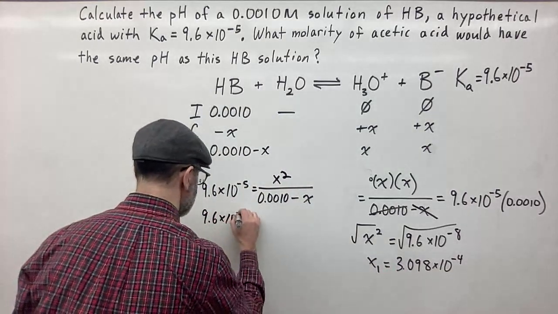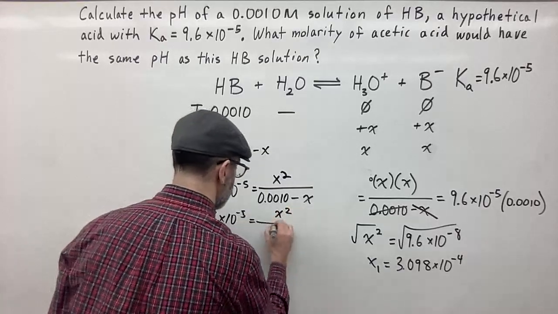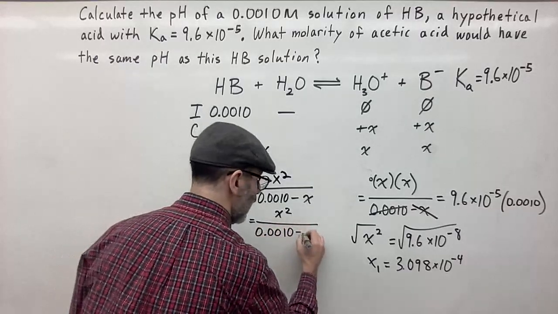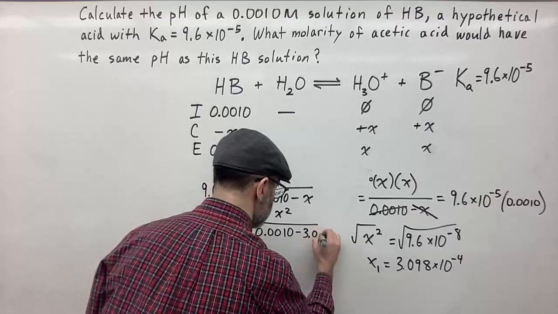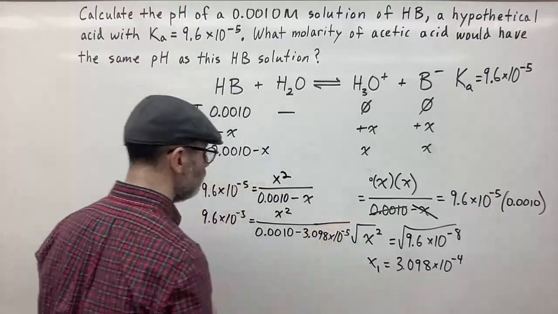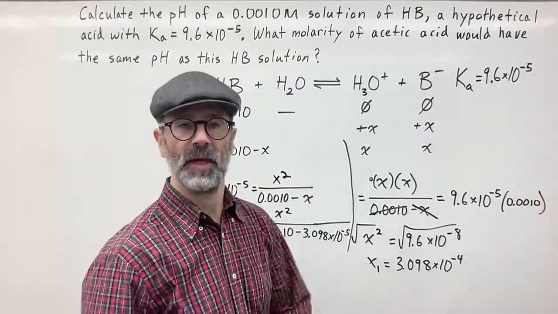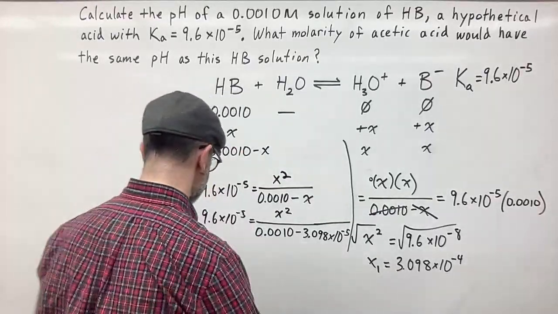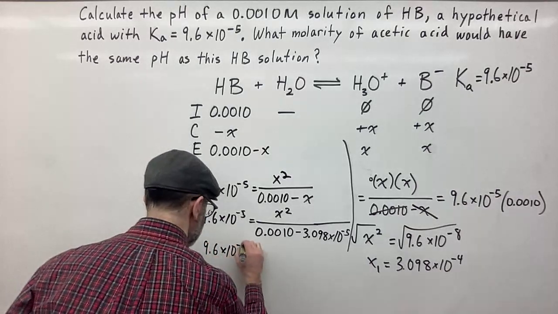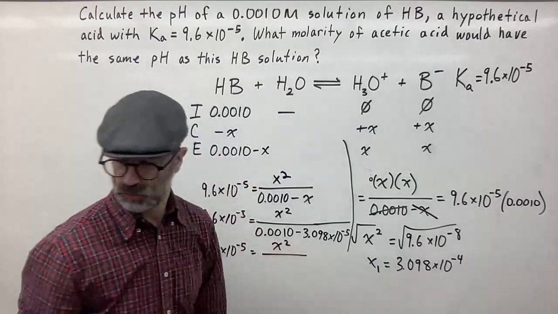9.6 times 10 to the negative 5 equals x squared over 0.0010 minus 3.098 times 10 to the negative 5. Let me put a line here. Now all I have to do is subtract these two. So I get 9.6 times 10 to the negative 5 is equal to x squared over, what did I get?